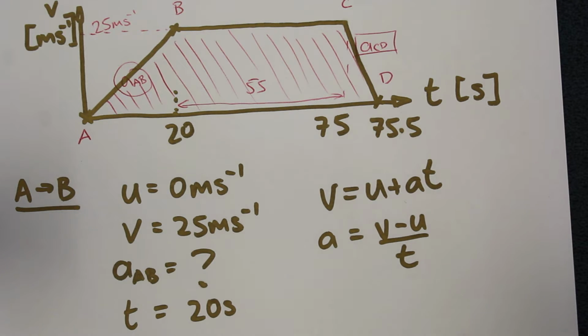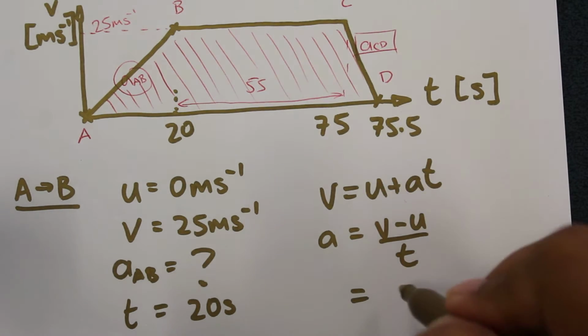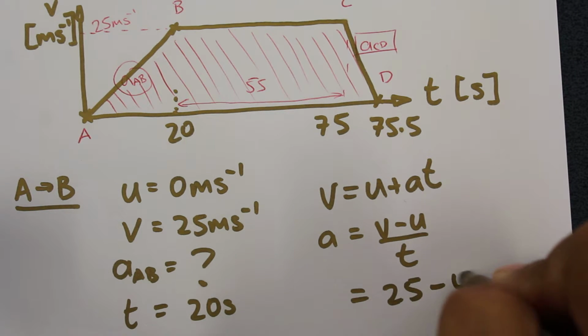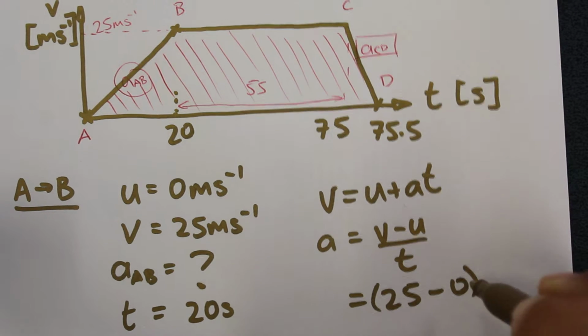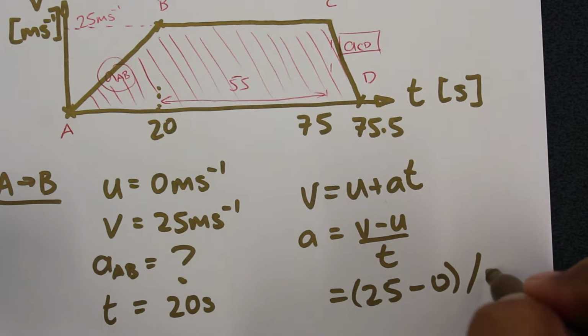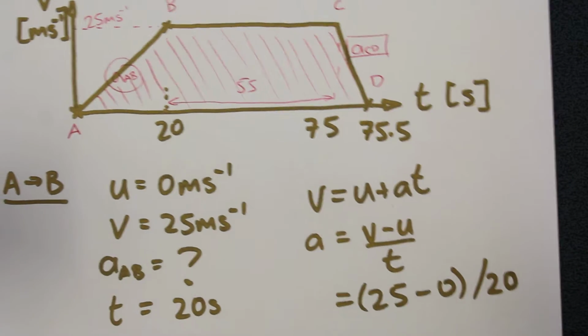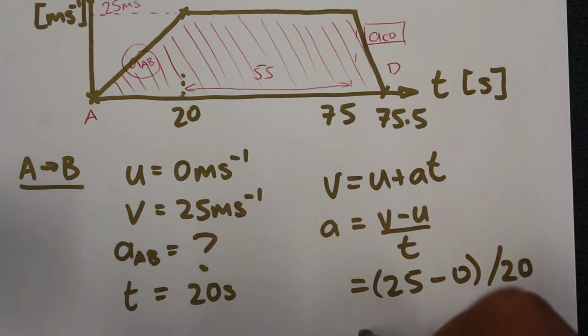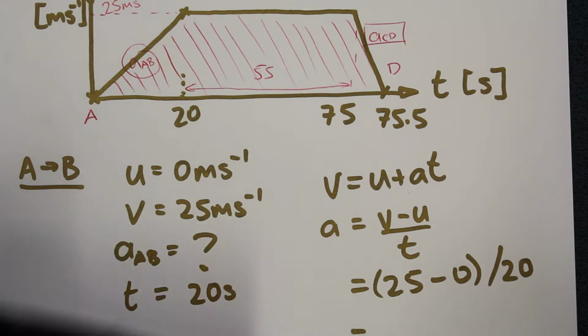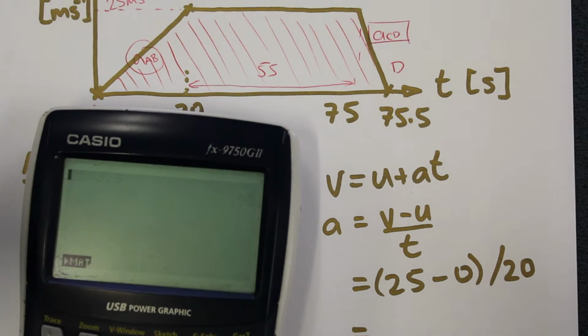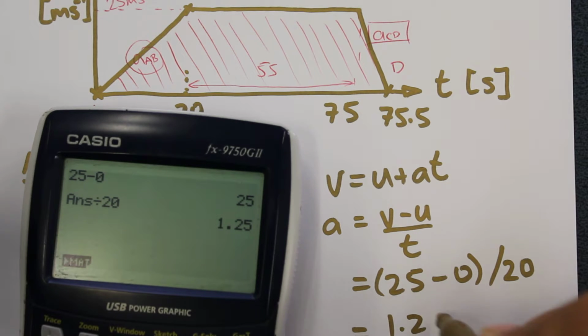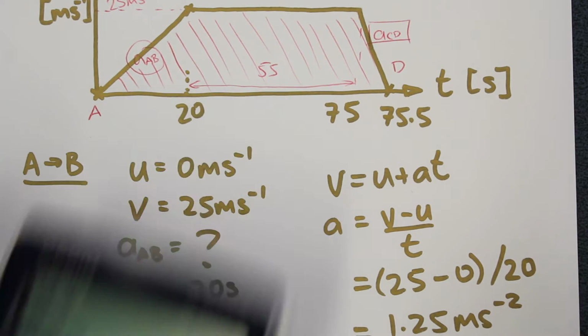Alright, and then now we can calculate acceleration, and then place that into our calculator. So 25 minus 0 divided by 20, we get 1.25 meters per second to the negative 2.